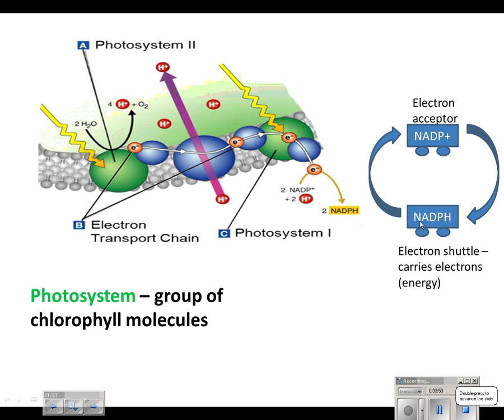So it shuttles it, and then it gets used. This electron will be given off, and it's going to be used, and then it will be recycled. Again, NADP plus picks up an electron to become NADPH. This is the electron carrier or acceptor. It shuttles it, it carries the electron. This is the carrier.